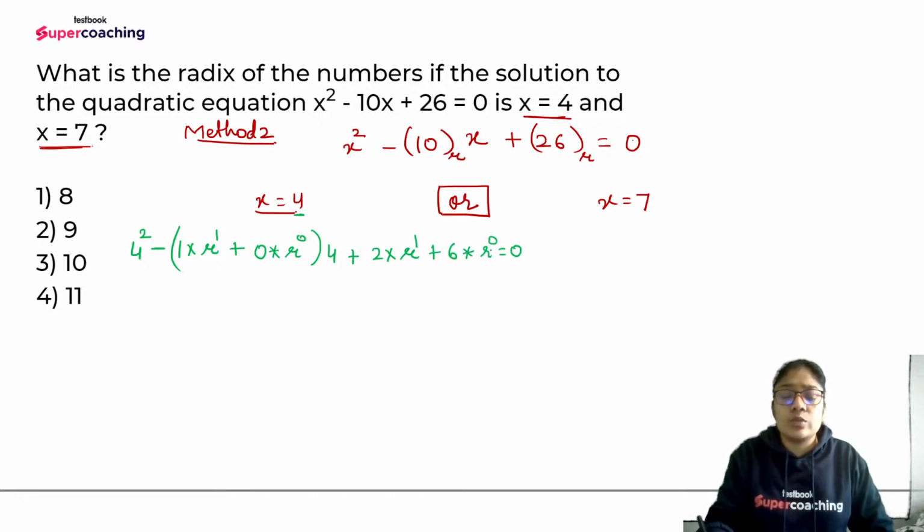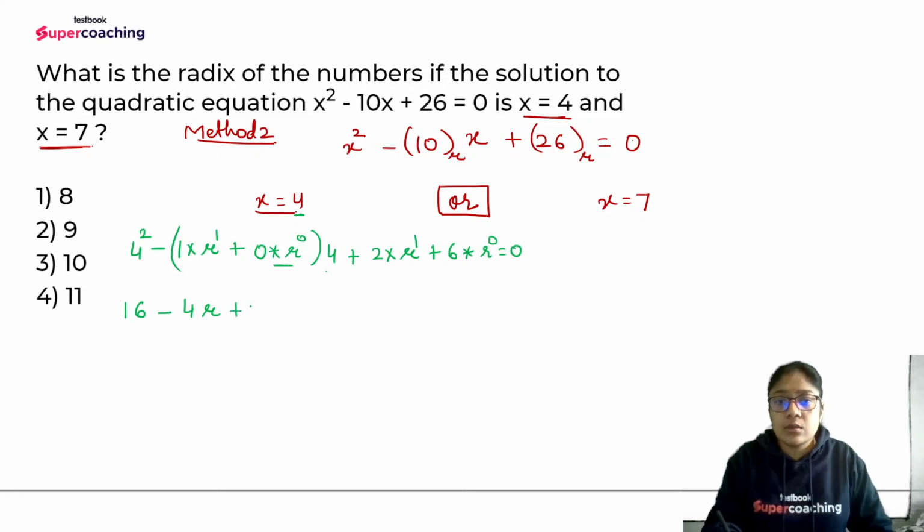This is equal to 0. Simplify it, it comes out to be 16 minus 4r plus this term becomes 0, then plus 2r plus 6. This is equal to 0.